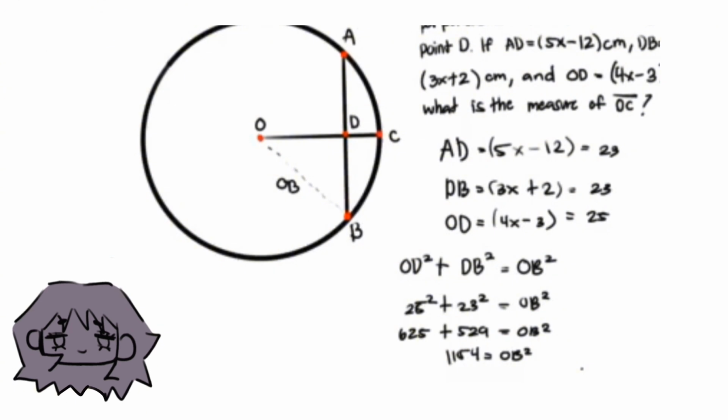Now, to remove the square in OB squared, we're going to be using radicals. So the square root of 1154 is OB, and so we're going to cancel the square in OB, and so our final answer is 33.97.